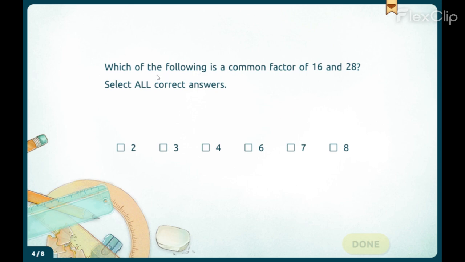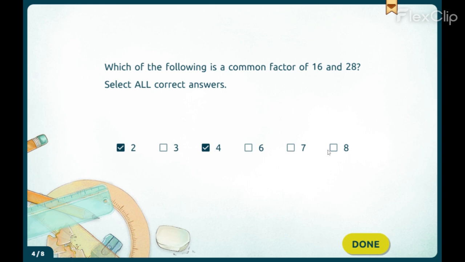All right, we are looking for all possible common factors of 16 and 28. The easiest is to start with 2 because they are both even numbers. And then since 2 is an option, 4 can be the option as well. Yeah, 16 can be divided by 4 and 28 can be divided by 4. It will give us 7.